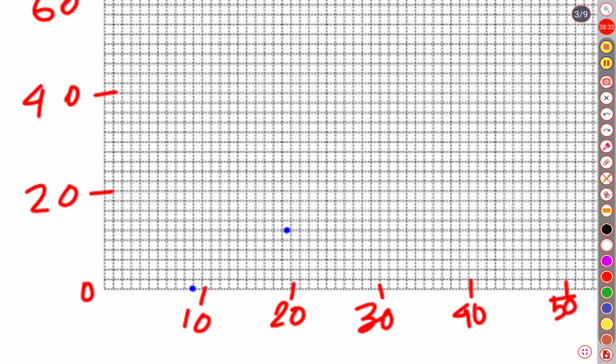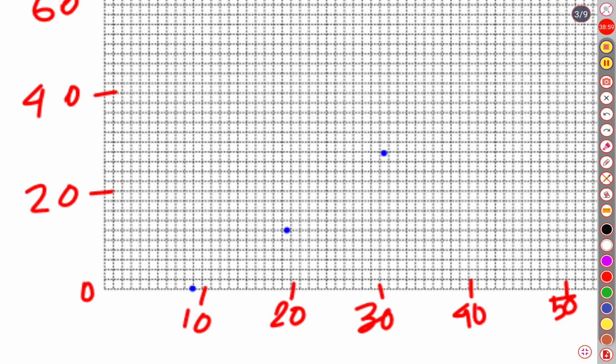If this is 30, then 28 is over here, just 4 below, and 29.5 is just over here. Yes, 29.5 and 28 over here.